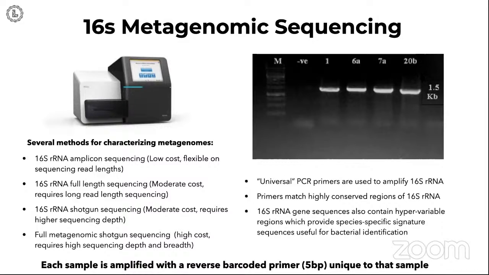And so we cannot sequence the whole gene using short read sequencing like the Illumina MiSeq, but we can take the hypervariable regions, maybe 1 or 2 of them, combine them together, and then sequence a lot of samples at a fairly affordable cost. So it's a very cost-effective approach to metagenomic sequencing.